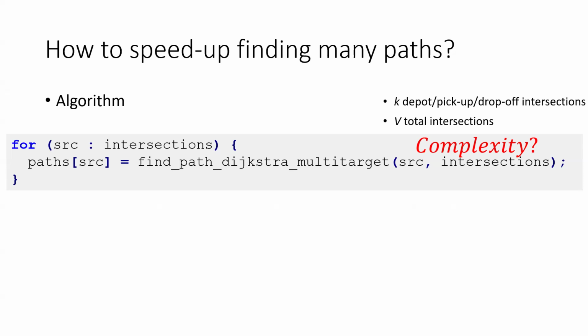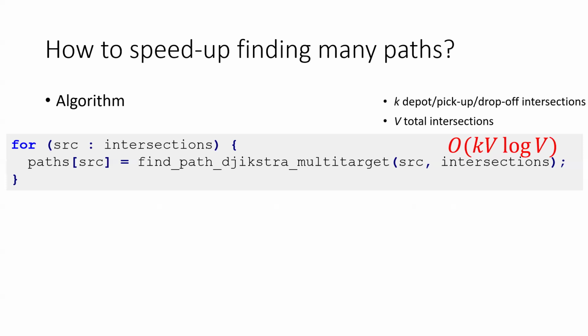So that will compute the path from the source to all of the destinations. So what is the complexity? KV log V. We got rid of the K squared. So it's KV log V now.